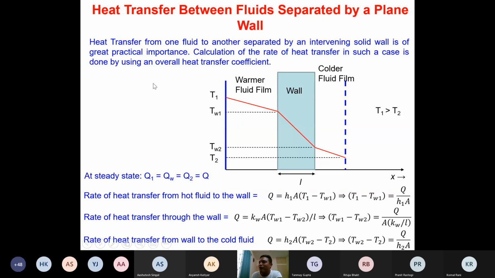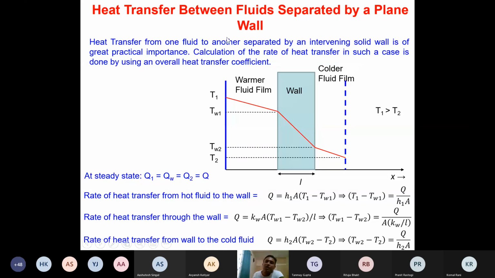For example, if you are having a shell and tube heat exchanger, there will be different tubes, isn't it? And inside this tube the fluid is flowing, and outside this tube also the fluid is flowing. So clearly two fluids are separated by a metal wall, isn't it? Correct. So this type of situation is extremely common in the process industries.